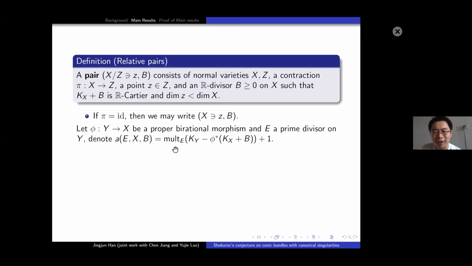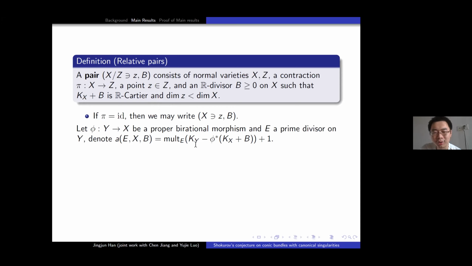And then we can define the so-called log discrepancy of (X, B). Let Y to X be a proper birational morphism, and let E be a prime divisor on Y. Then we can define the log discrepancy of E with respect to the pair (X, B). It is the same definition as the log discrepancy in usual pairs.